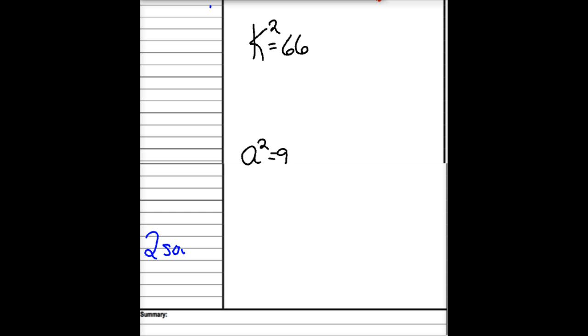Then I'm going to bump up the difficulty a little bit: negative 5x squared is equal to negative 500. And then I'm going to do x squared is equal to 1649.